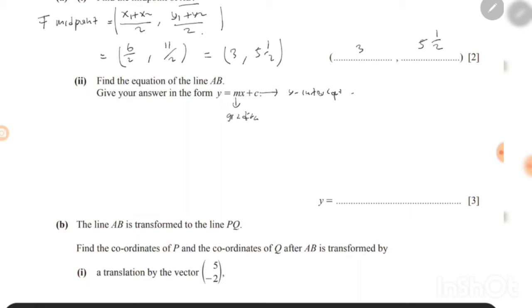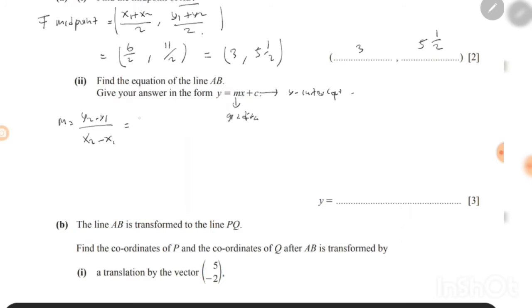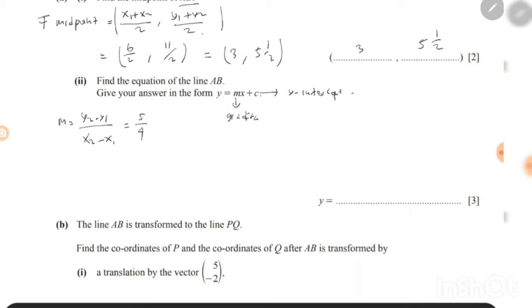To find the gradient, we use the formula m equals (y2 minus y1) over (x2 minus x1), so you have 8 minus 3. Our y2 is 8 and y1 is 3, right? So 8 minus 3 is 5 and 5 minus 1 is 4. So our gradient is 5 over 4, right?